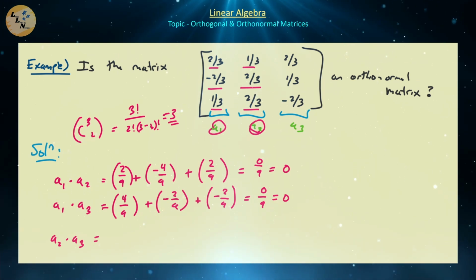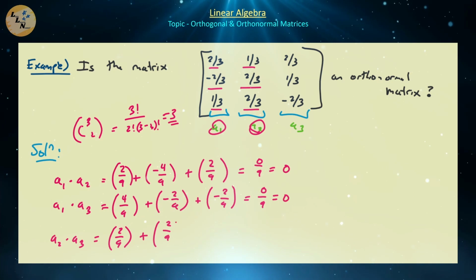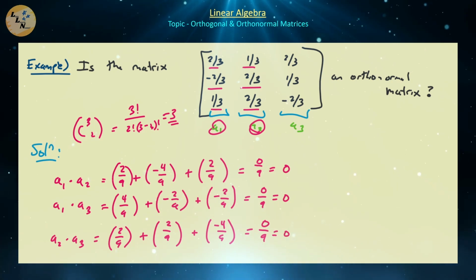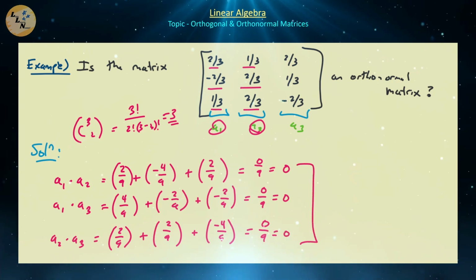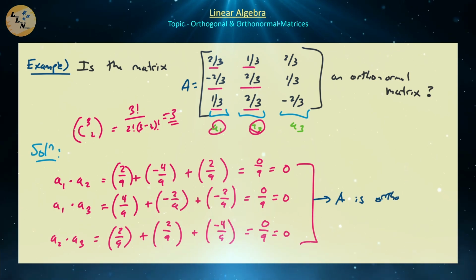So lastly, we have 1/3 times 2/3, which is 2/9, plus 2/9, and then minus 4/9, which is 2 plus 2 minus 4, equal to 0/9, which is equal to 0. So if the dot product of each pair of columns is equal to 0, then this matrix, which I'm going to call A, is orthogonal.